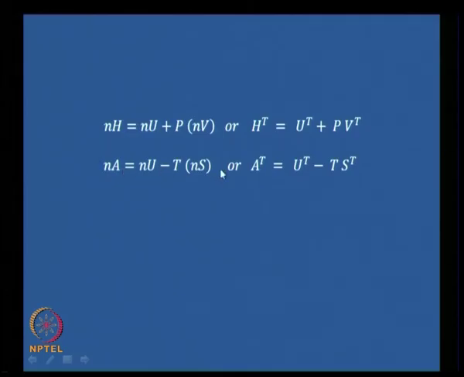Since we have represented nA as AT and so on, AT equals UT minus T times ST. T stands here separately because T is also an intrinsic variable which is not dependent on the amount of substance that is present, and nG equals nH minus T times nS, or GT, the total Gibbs free energy of a system, equals total enthalpy of the system HT minus T times the total entropy of the system ST.